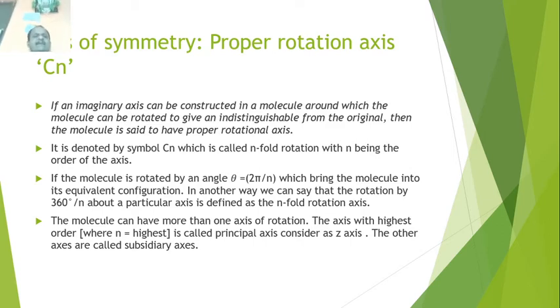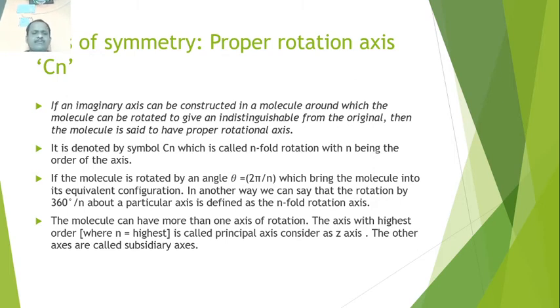Now the second symmetry element is the axis of symmetry. Axis of symmetry is also called a proper rotational axis. This type of symmetry element is present in every kind of molecule. Why?